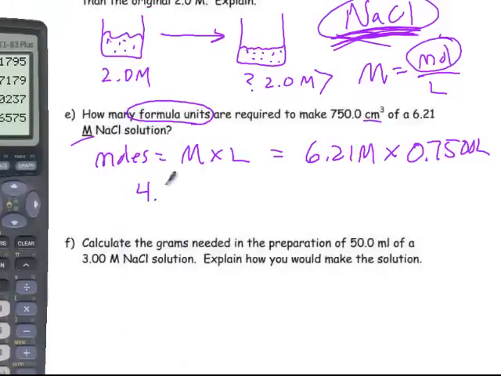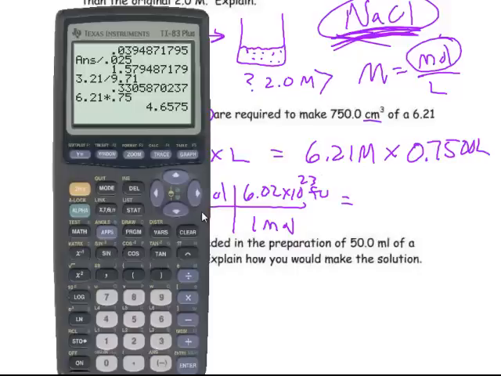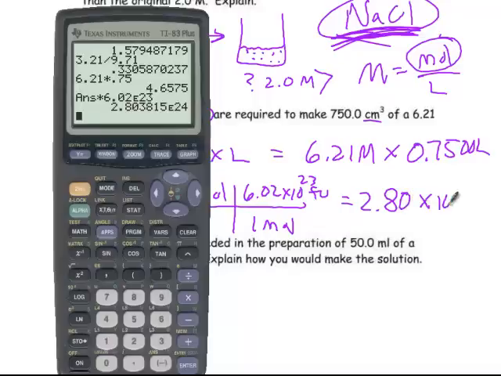So I get 4.66 moles of NaCl, formula units. 1 mole is 6.02 times 10 to the 23rd formula units. So times 6.02 times 10 to the 23rd, and I got 2.80 times 10 to the 24th formula units of NaCl.